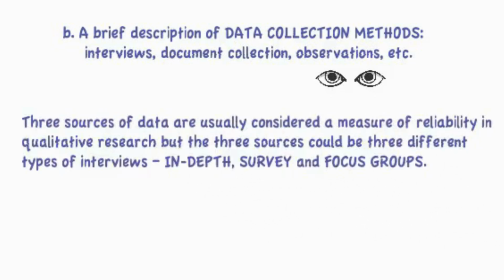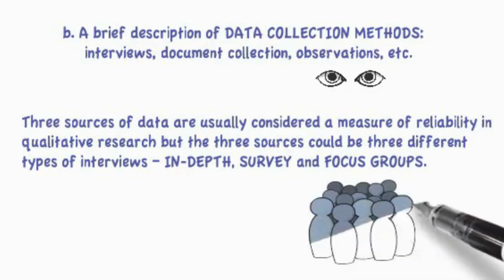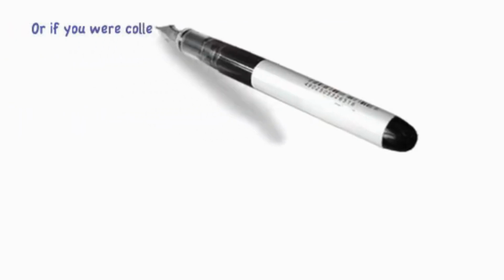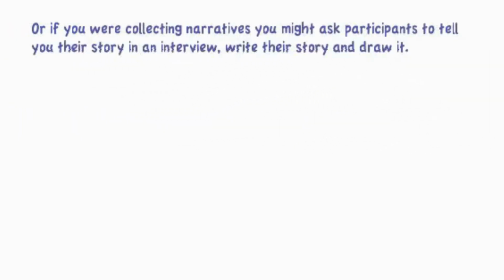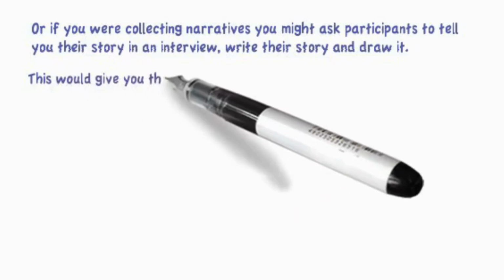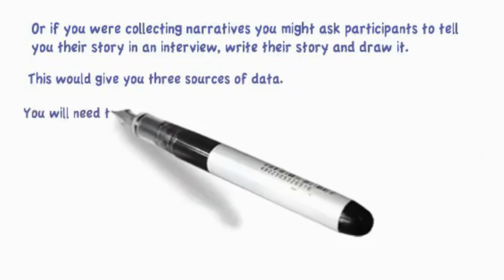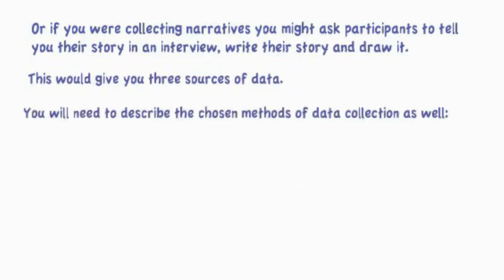Usually in qualitative research, 3 sources of data are considered a measure of reliability, but they don't have to be very different sources of data. They can be all interviews, for example, but different kinds of interviews. Or if you were collecting narratives, you might ask participants to tell you their story in 3 different ways. To tell you their story in an interview, get them to write it, and then perhaps to draw it. And that would give you 3 very different sources of data.